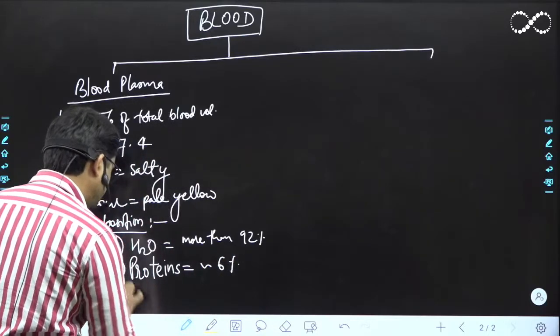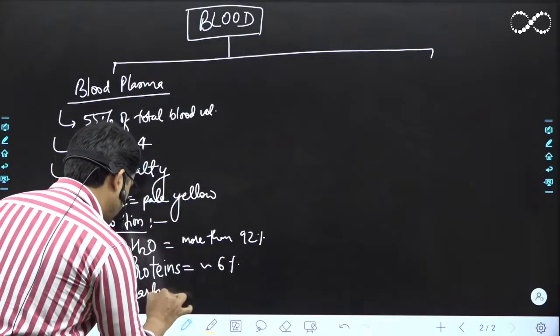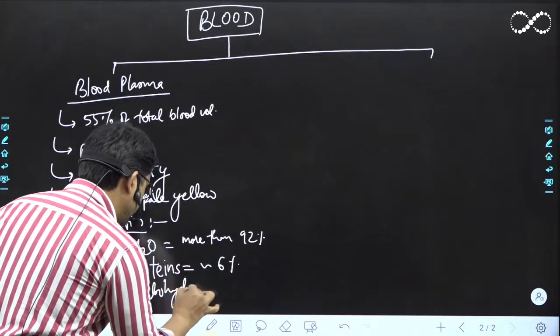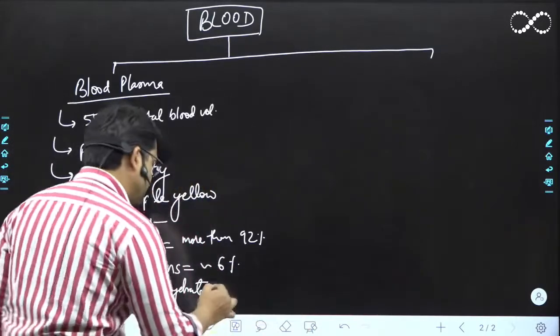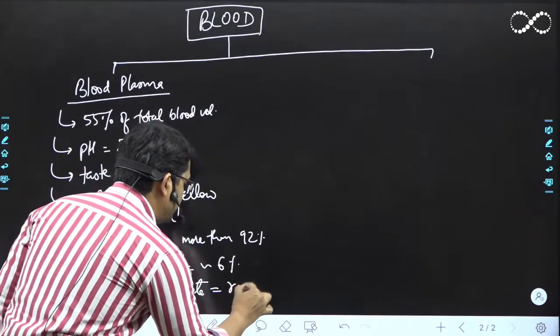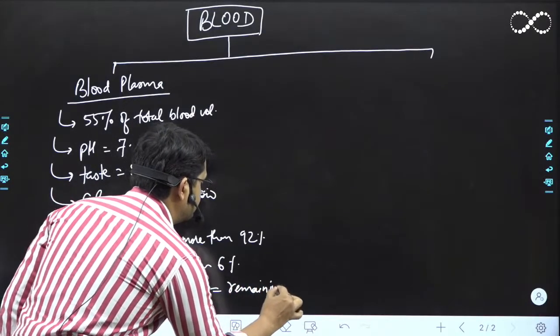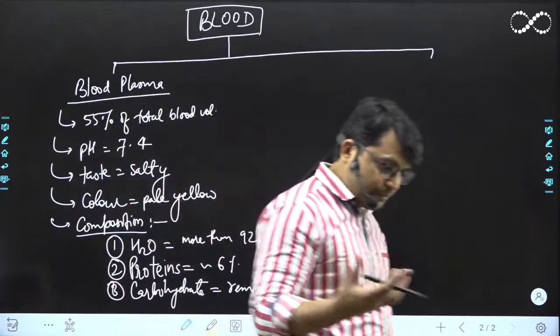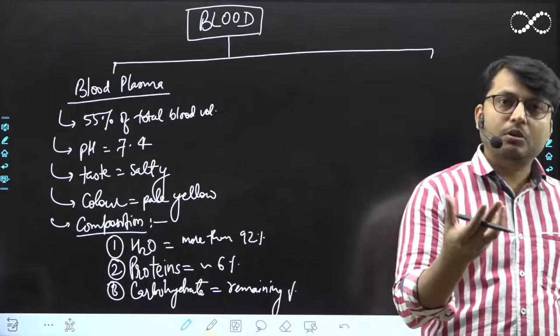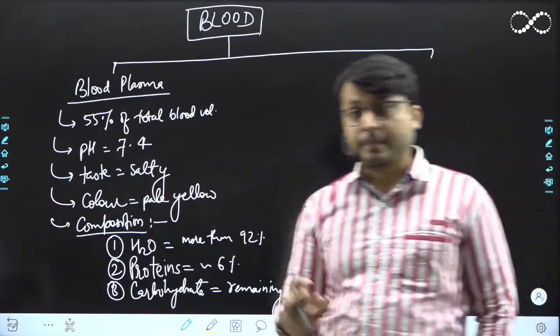Okay. Then you have carbohydrate, you have minerals, you have respiratory gases, hormones, rest all in the remaining part. समझ में आ रहा है? तो when we are talking of blood plasma, it is mainly composed of water and proteins. Got it?